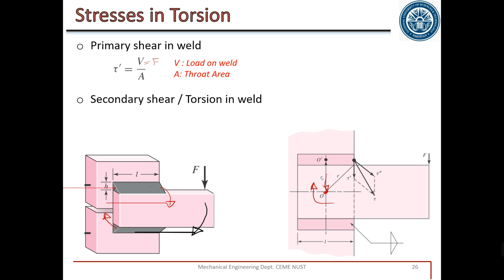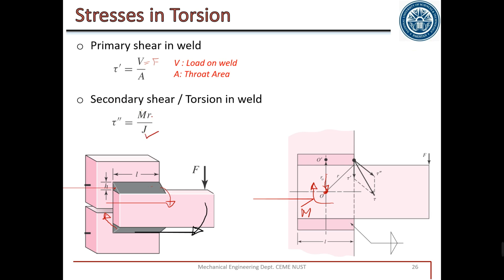Secondary shear in torsion weld. To calculate secondary shear, we initially have the magnitude of moment, M. Then we have Mr by J. This equation is similar to Tc by J. For this we need r, the maximum distance, the point of weld which is furthest away from O, because M is fixed for the complete joint, and J will be fixed, which we will calculate later on.